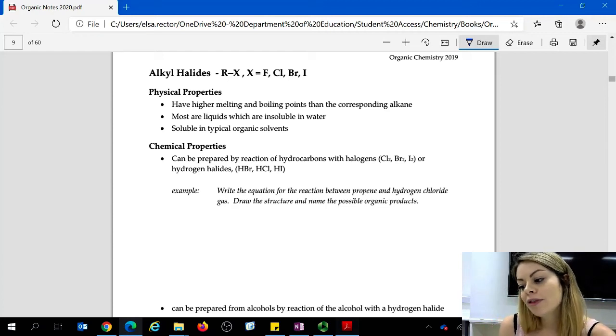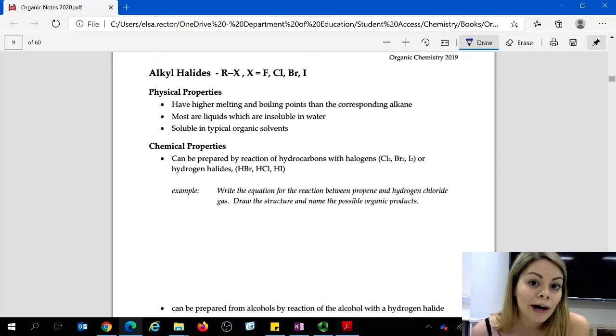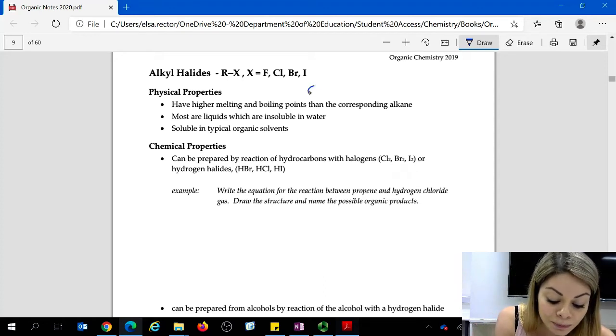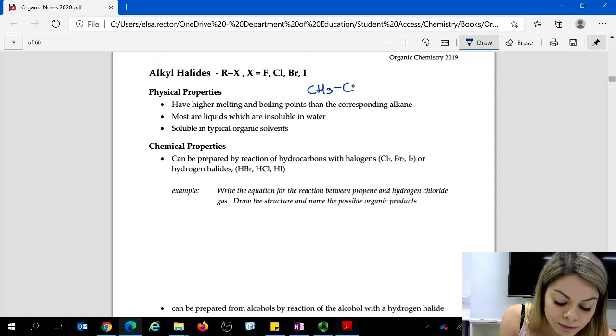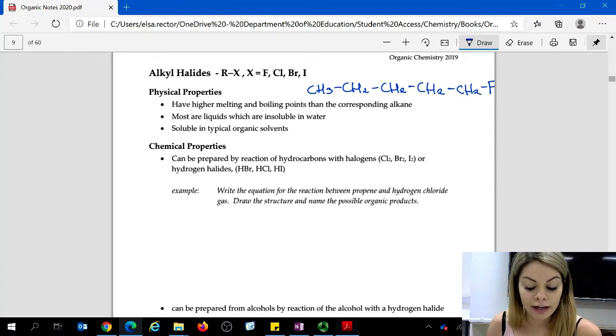But something with a much longer carbon chain, like fluorohexane, is probably going to be insoluble in water. I've just done fluoropentane because I ran out of space for the carbons.